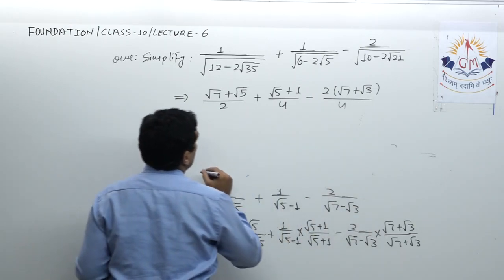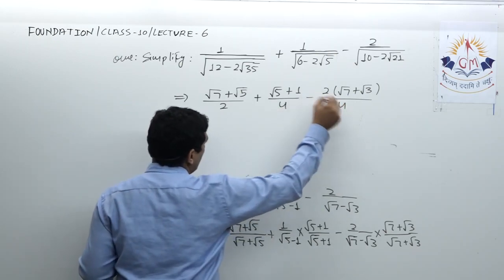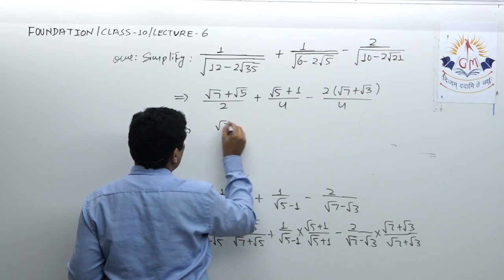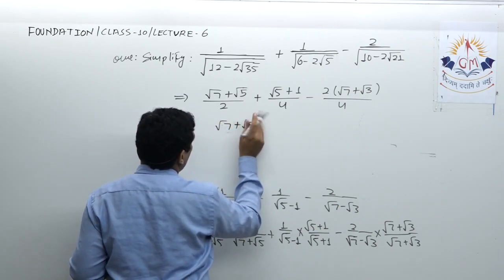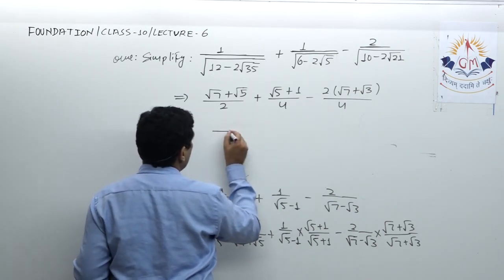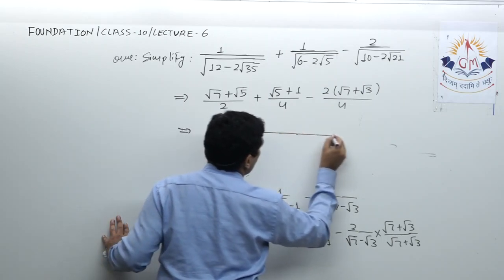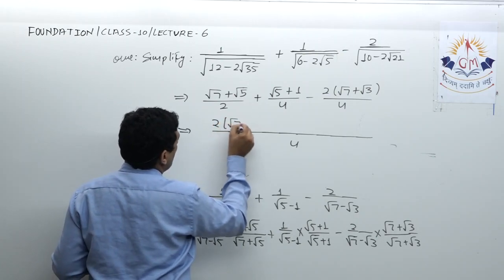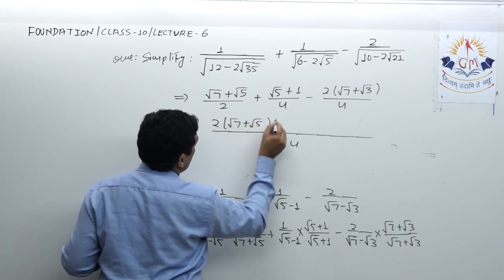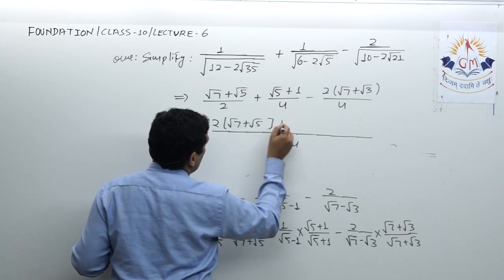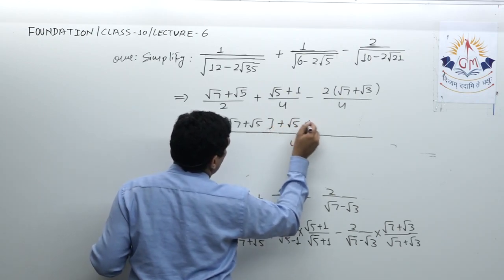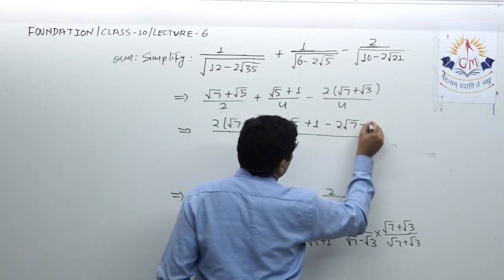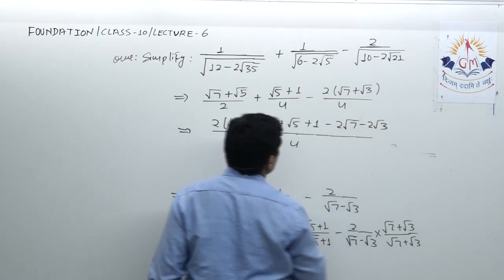So here I can cancel these two, so I will get here root 7 plus root 5, or simply I can go with the LCM 4. So here I will get twice of root 7 plus root 5. Okay, then plus root 5 plus 1 minus 2 root 7 minus 2 root 3.